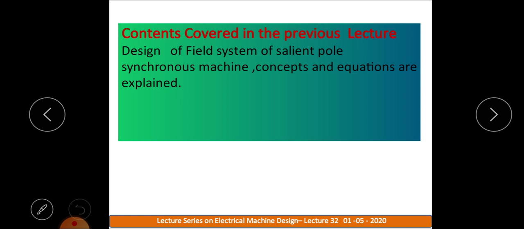Before this lecture, previously we have covered the salient pole synchronous machine concepts for the field winding design.